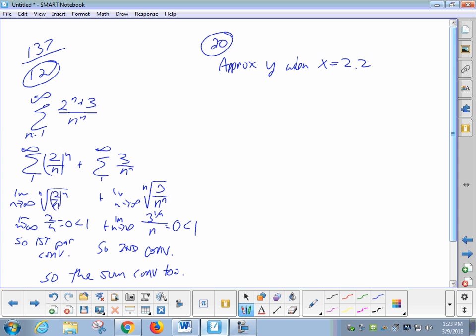Did they say inconclusive? No, you're thinking the same thing I just did. Sin n over n goes to 1 when the limit you're doing is what? That's when you're taking it to 0.